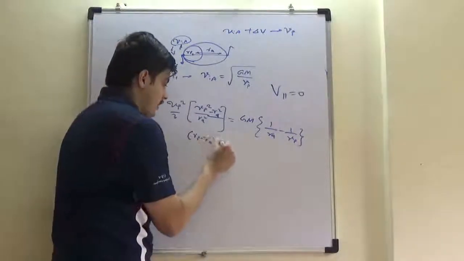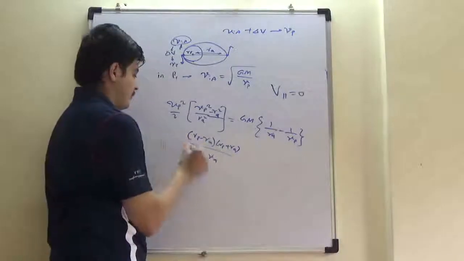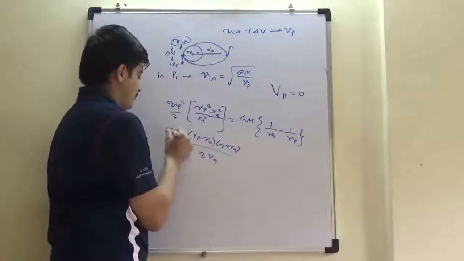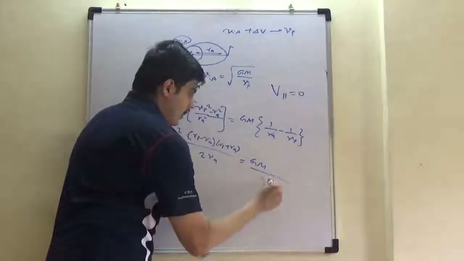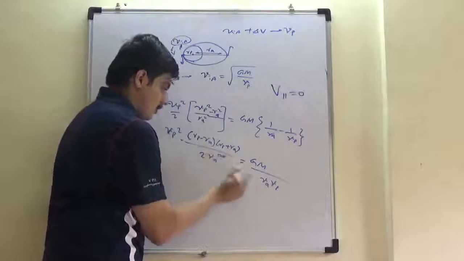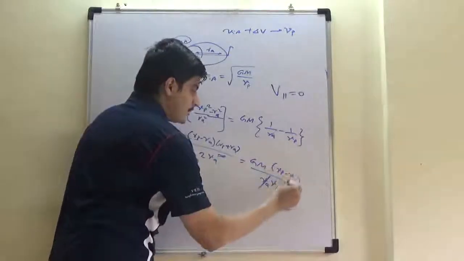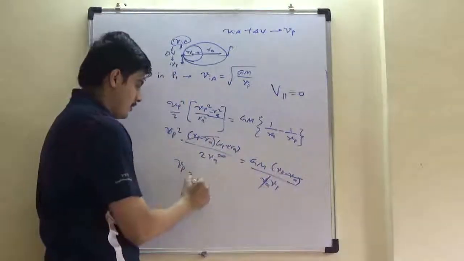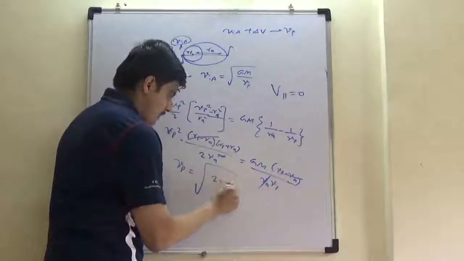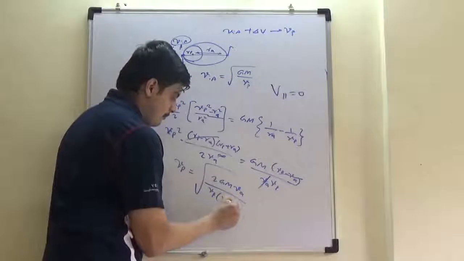Rp minus Ra, Rp plus Ra upon Ra square, equal to GM upon Ra Rp. So one Ra gets cancelled anyway and you get Rp minus Ra. So this minus gets out. So Vp is root of 2 GM Ra upon Rp, Ra plus Rp.